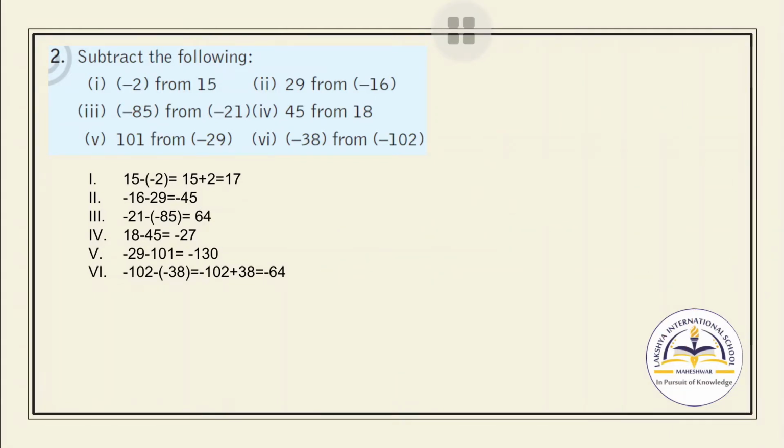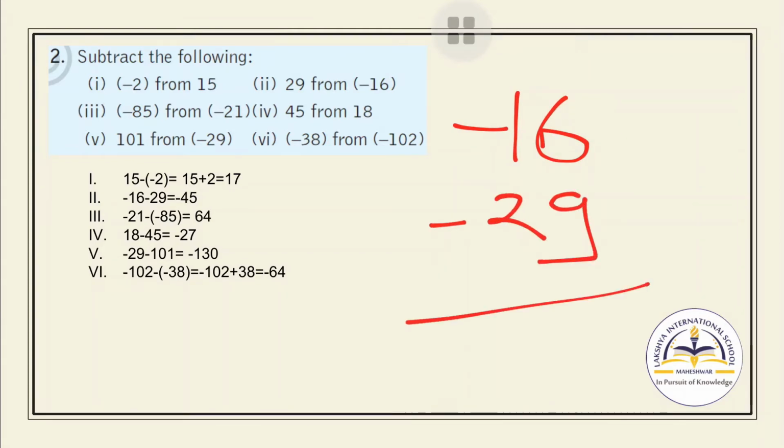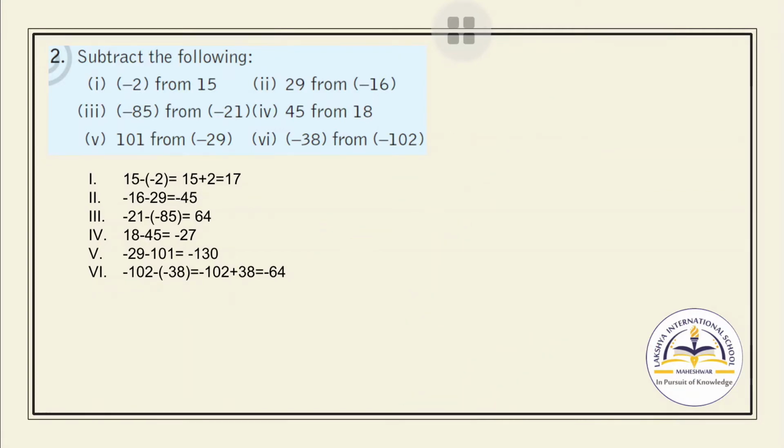Now the next one, 29 from minus 16. Minus 16 minus 29, so minus plus 45, the greater sign is minus, so minus 45 is the answer. Like this you have to solve. All the answers are given here. We have to solve them likewise.